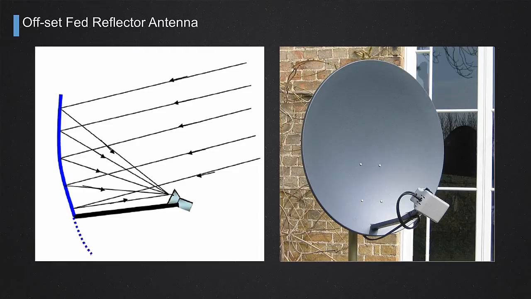There are other advantages also related to the antenna noise temperature, the fact that with the offset configuration you get less noise, for instance, from ground. The feed is not looking at the ground surface, so it doesn't get noise from ground. So there are several advantages related to this configuration.